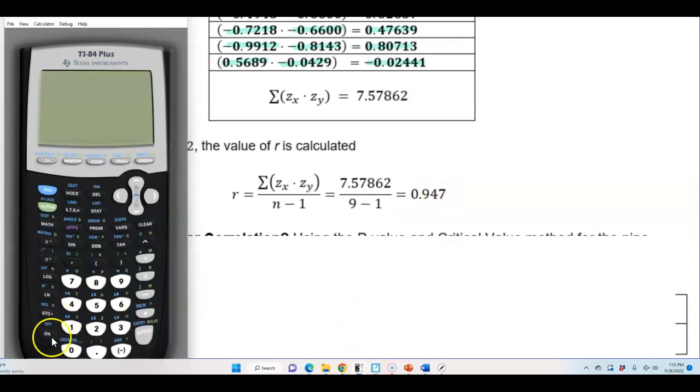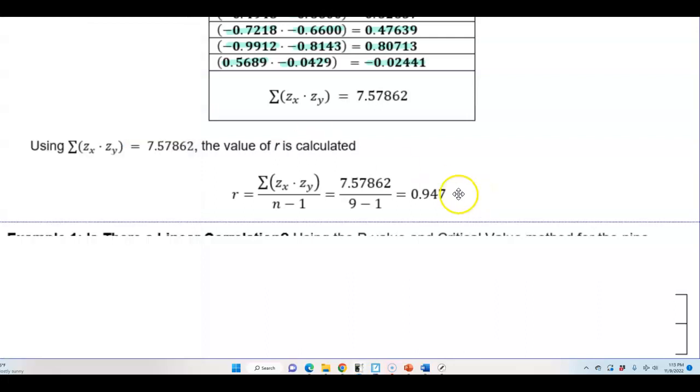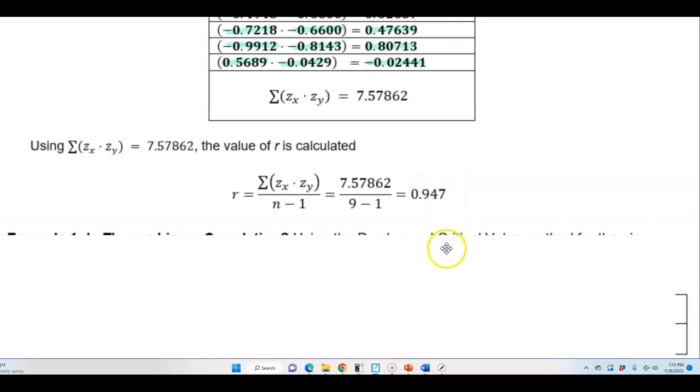So let's go ahead and do that just to verify that. We take 7.57862, divide that by 9 minus 1, which is 8, and then rounding that to 3 decimal places, we get 0.947. So again, this gives us our linear correlation coefficient r, and that tells us that we have a positive linear correlation.